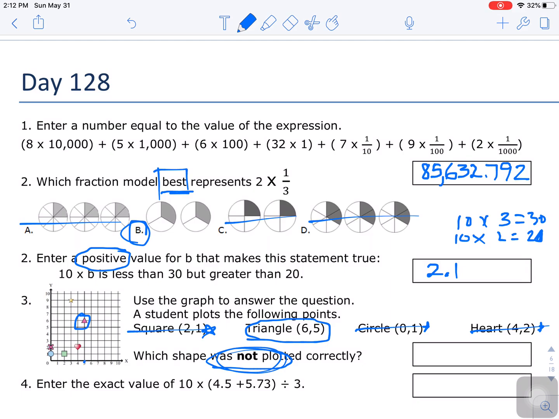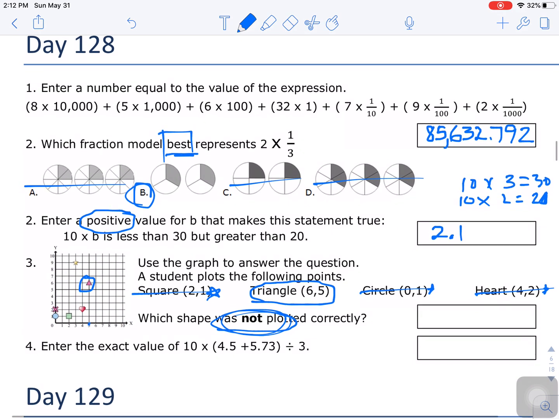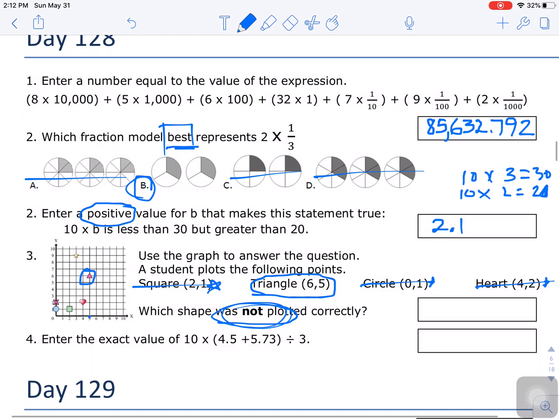Okay, and number 4, enter the exact value of 10 times the sum of 4.5 and 5 and 73 hundredths, divided by 3. So the first thing I'm going to do is what's in parentheses, right? You guys all know that. Parentheses indicate priority.